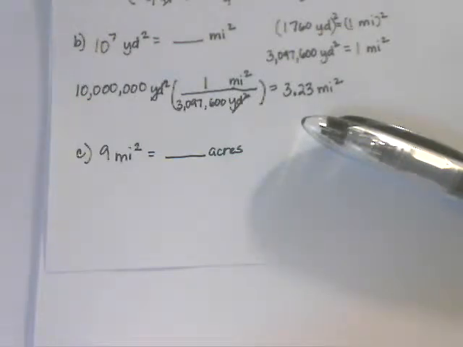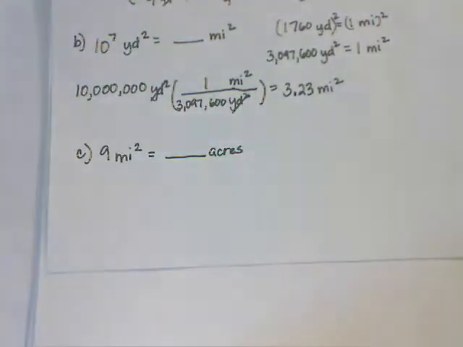Now, in your textbook in section 14.1, they do give a conversion table that will help you convert from square miles to acres. And of course, one square mile is 640 acres.